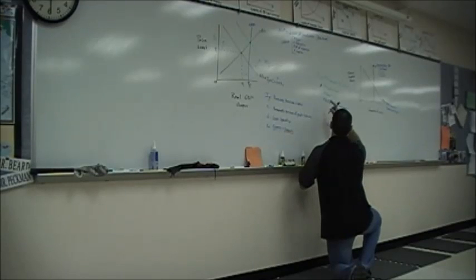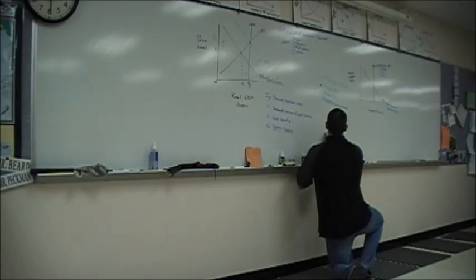Fiscal policy: let's say that they're trying to increase aggregate demand, what are they going to do? Lower taxes. They could either decrease taxes or increase government spending.